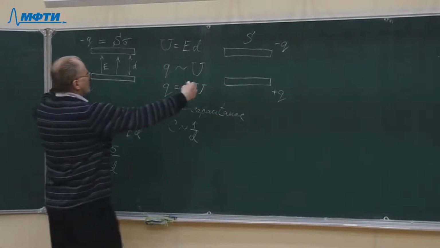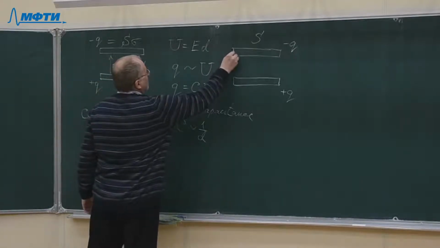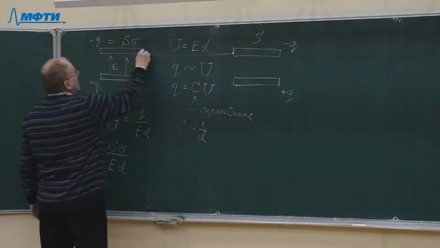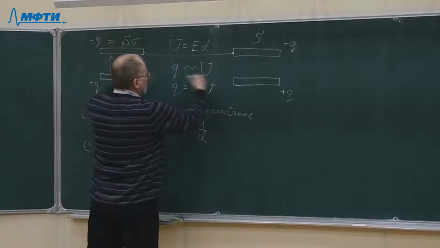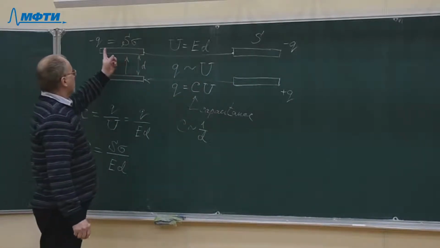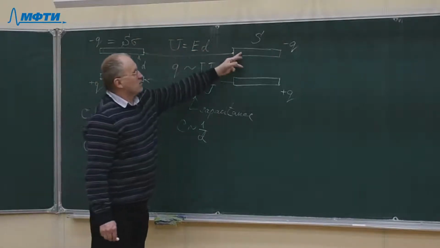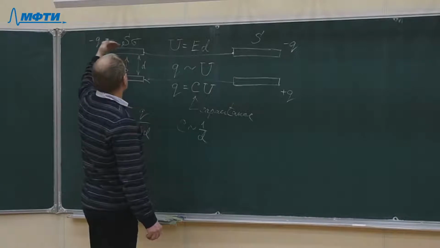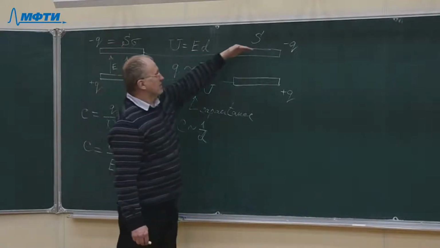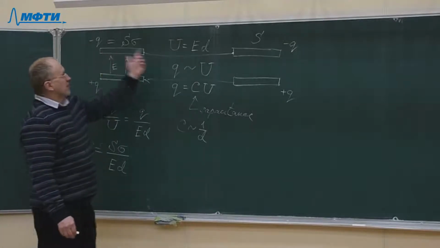And what will happen if we just connect these two capacitors? This point will be connected to this point. We just merge them together. What will happen? First of all, the area of the upper plate and lower plate will double, because the initial area was S, and then another area was merged here. So the area of the plates will double.